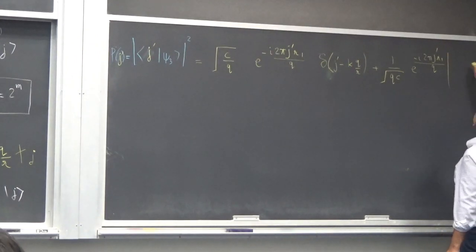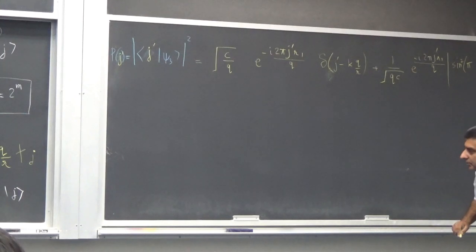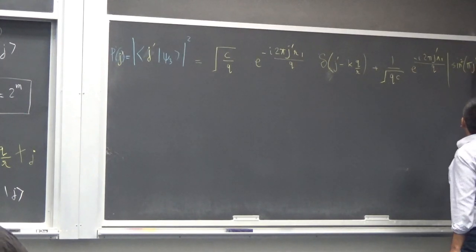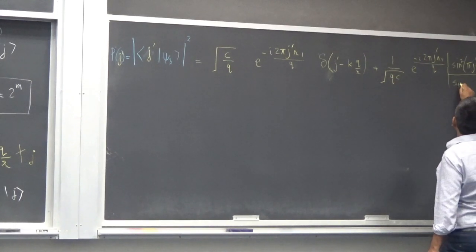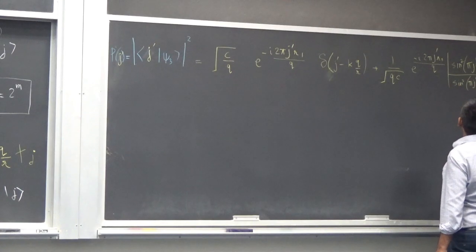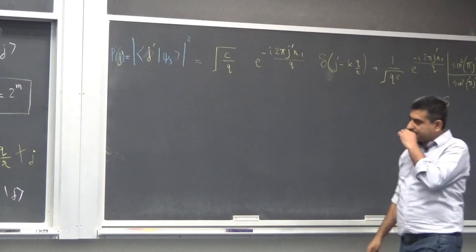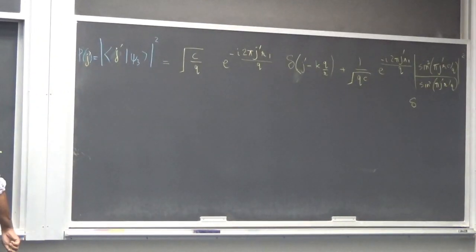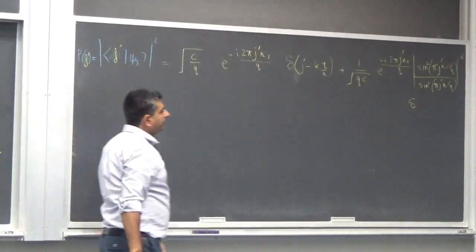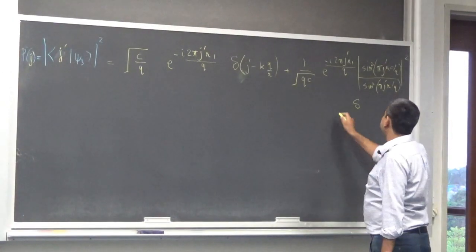Modulus square of sine square pi j prime r c over q divided by sine square pi j prime r over q. And this term appears when q is not a multiple of r.